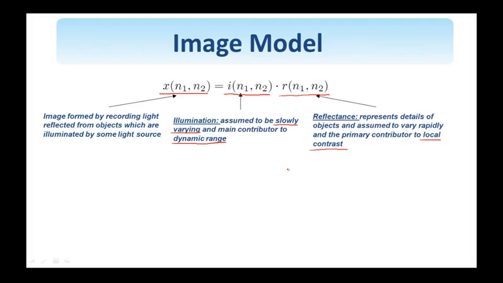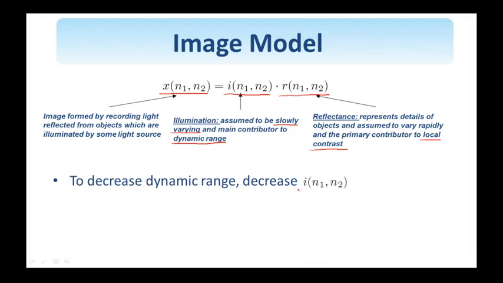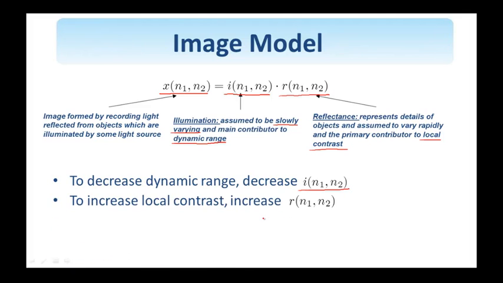So with this model, the problem we set out to solve is to decrease the dynamic range, therefore decrease the term i(n1,n2), while increasing the local contrast as expressed by the reflectance.